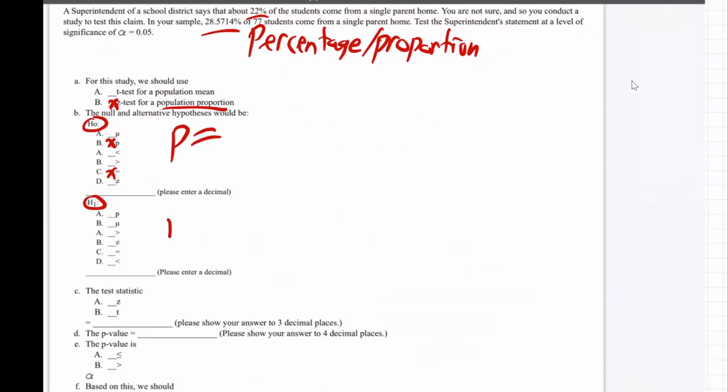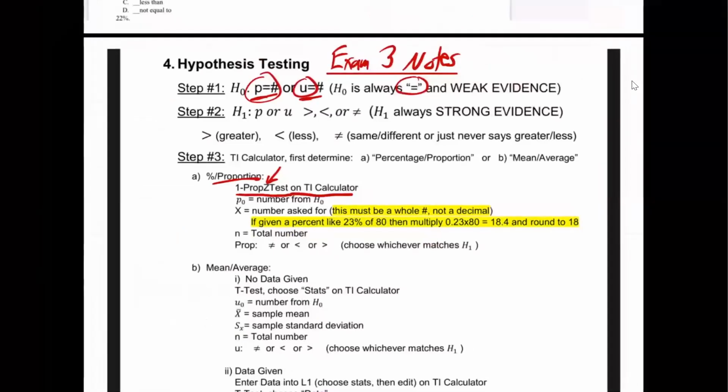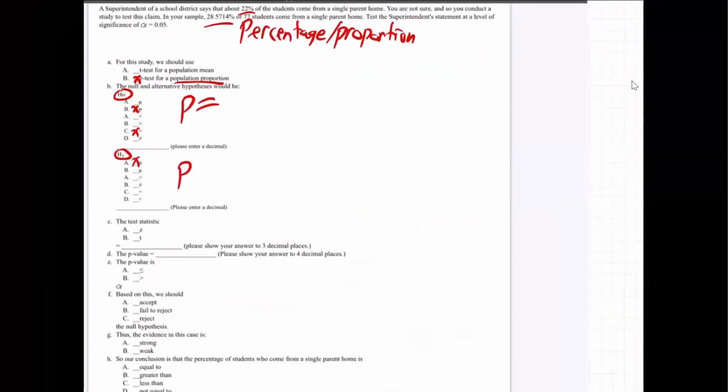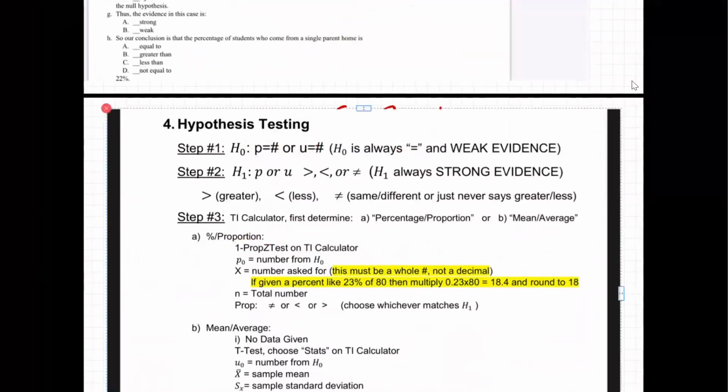And then down here, we're going to go P again, and then what are we going to do with it? Like it says right here, HO on the notes is always P equals or mu equals if you're doing an average problem. We're doing a percentage problem. P equals a number. And well, how do you know what number? Well, HO is the claim. HO is what they're claiming.